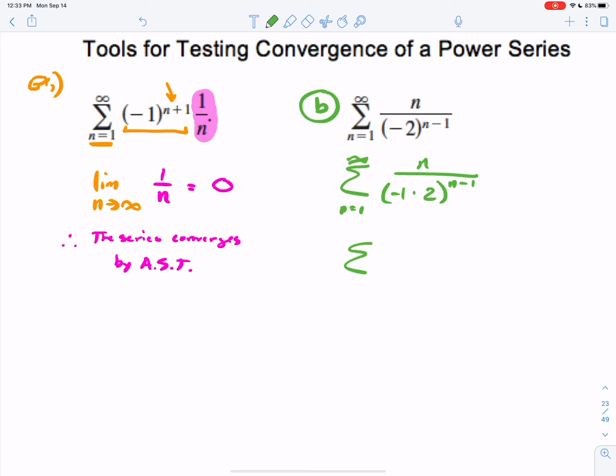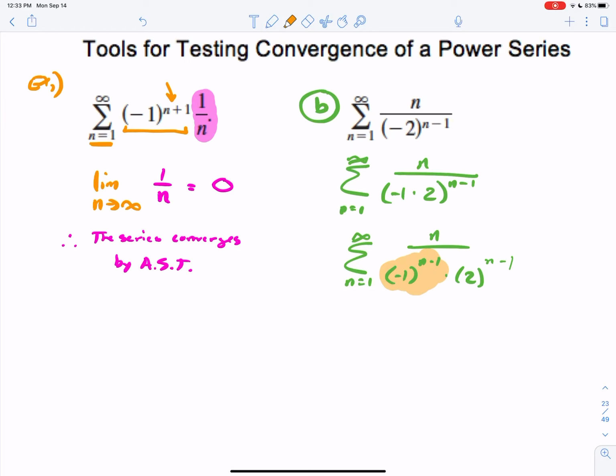So this right here is the same thing as the summation of n over negative 1 to the n minus 1 times 2 to the n minus 1. That's just the law of exponents, okay? So notice how we have an alternating piece.